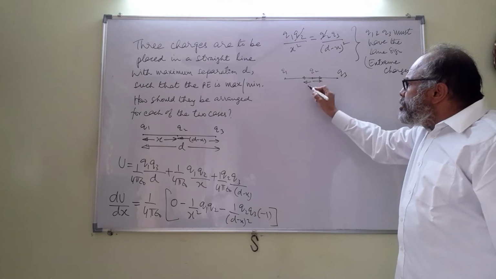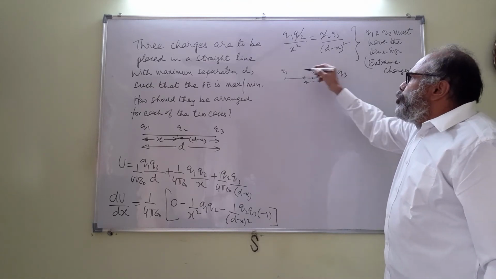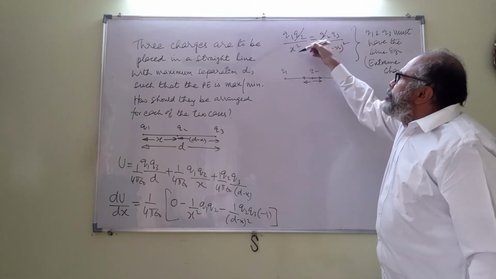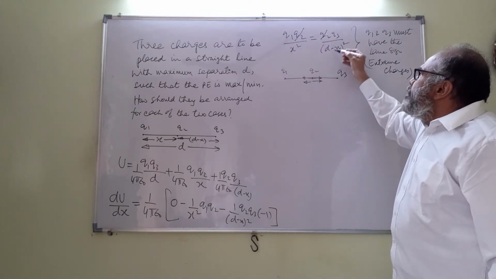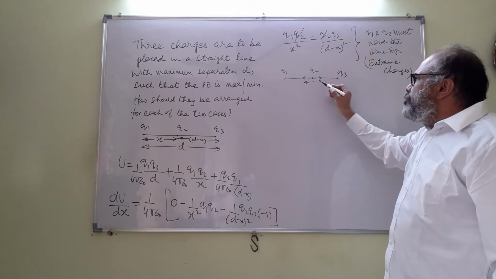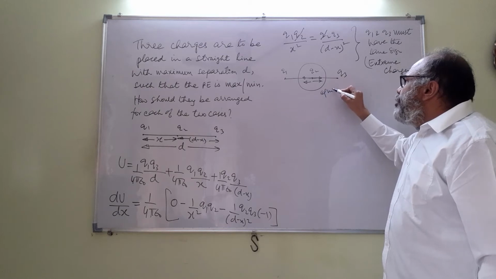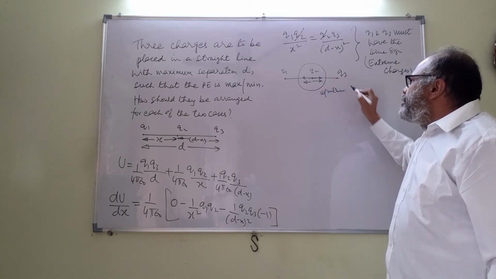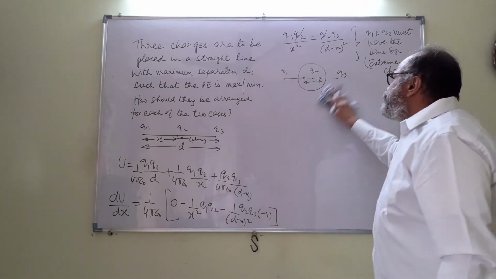And this force on Q2 due to Q1 is Q1 Q2 by x squared, and due to Q3 is Q2 Q3 by d minus x whole squared. If these two forces are equal, this charge is in equilibrium. The central charge will be in equilibrium.